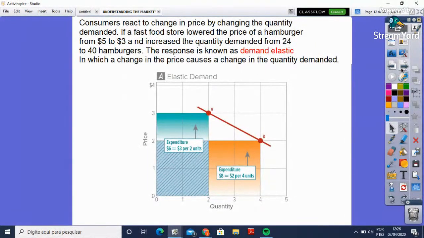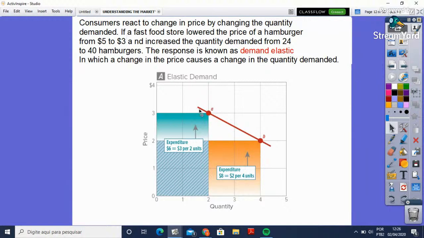This is my graph here. I have my price and I have my quantity. If you take a look at A, at the price of $3, my quantity is 2. Okay? As my price goes down to $2, my quantity is 4. As you can see here, consumers react to a change in price by changing the quantity demanded.